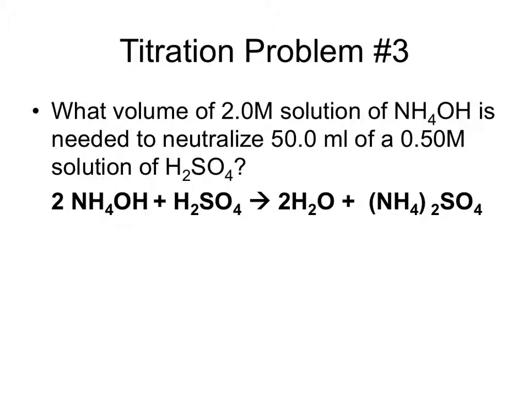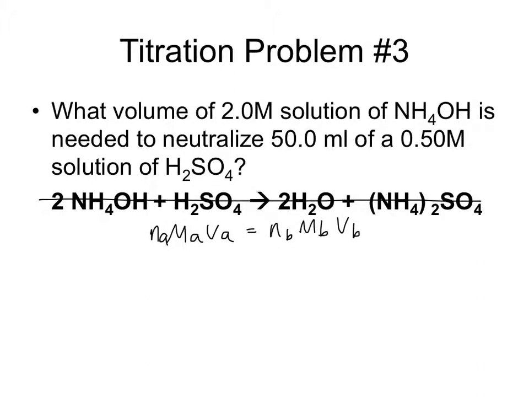Alright, let's try one more problem. What volume of 2 molar solution of ammonium hydroxide is needed to neutralize 50 milliliters of a 0.50 molar solution of sulfuric acid? Remember that we don't need to use the balanced chemical equation because we're using the shortcut NaMaVa is equal to NbMbVb.